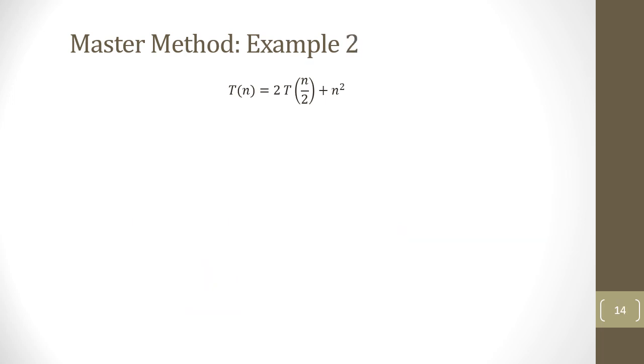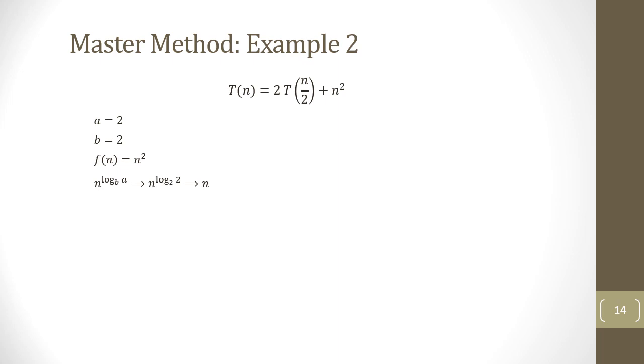Now let's look at another recurrence. Here a and b will be 2, and f of n will be n square. We need to compute n to the power of log base b of a, which will be n in this case. In the next step we will compare f of n to n to the power of log base b of a.